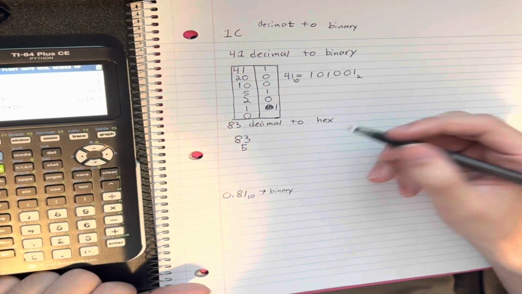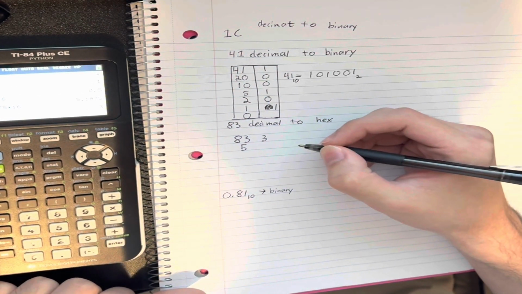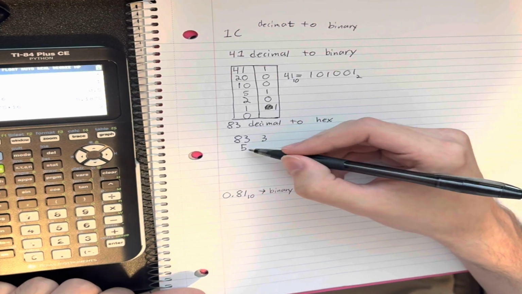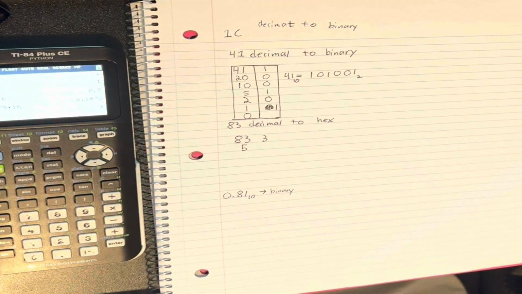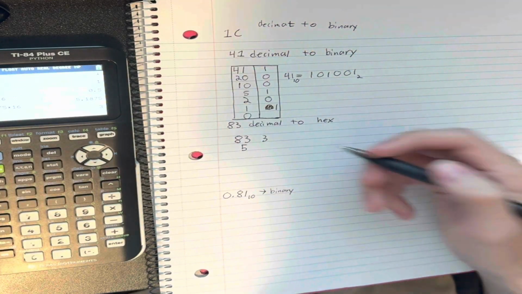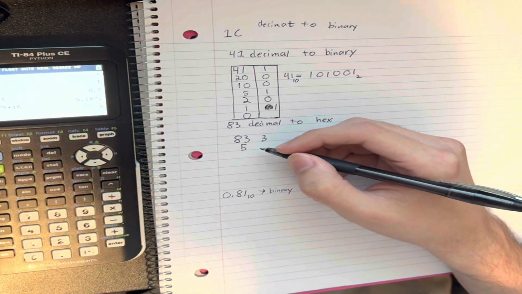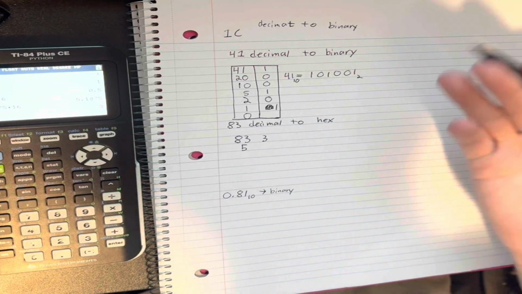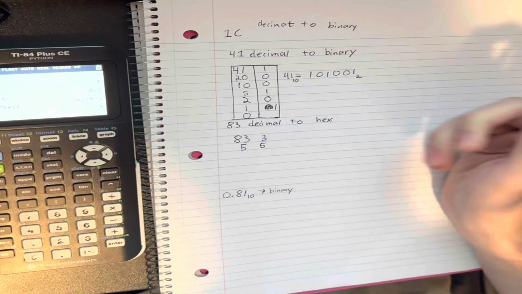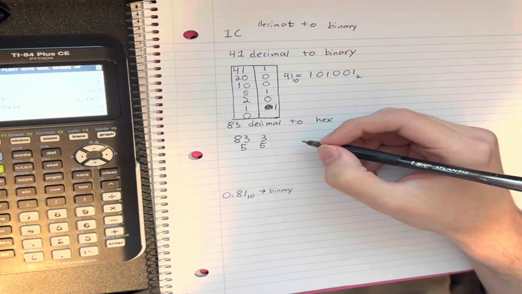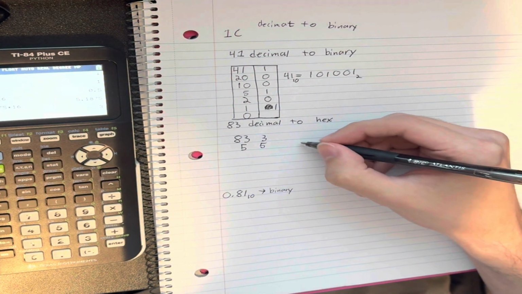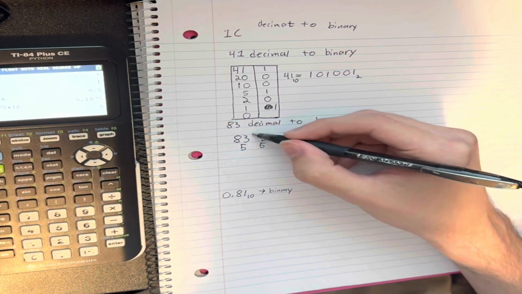Multiply that by 16 and we get a remainder of 3. And now 5 divided by 16 is 0 with a remainder of 5. So that means it is just 5 3.